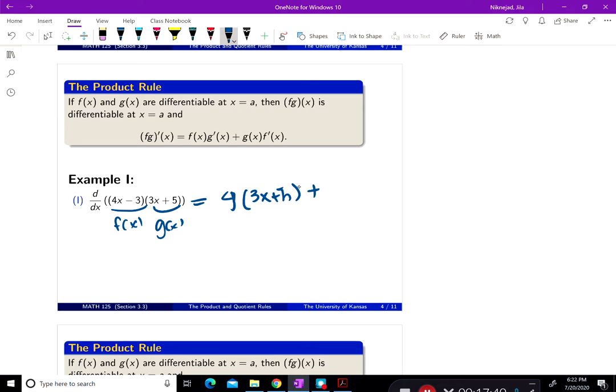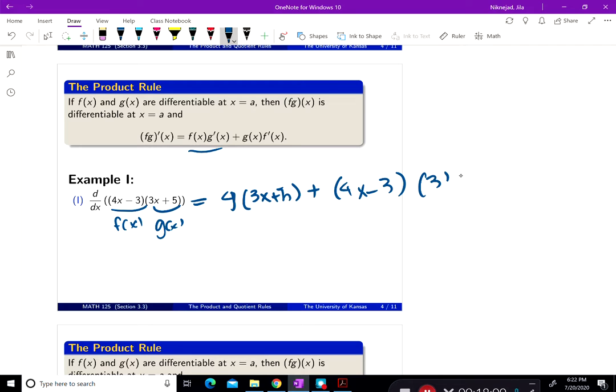Then I write f of x, now I'm doing this term, 4x minus 3. Then I multiply it by the derivative of g of x. The derivative of 3x is just 3, and 5 is 0, so I get that.